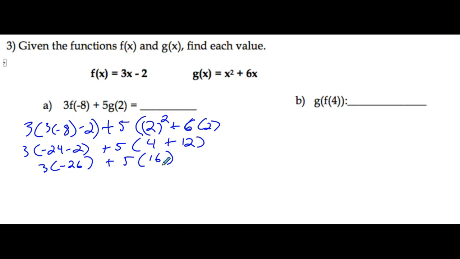And then we find that 3 times negative 26 is negative 78. Plus 5 times 16 is 80. And then when we add those together, we get 2. So the solution here is 2.